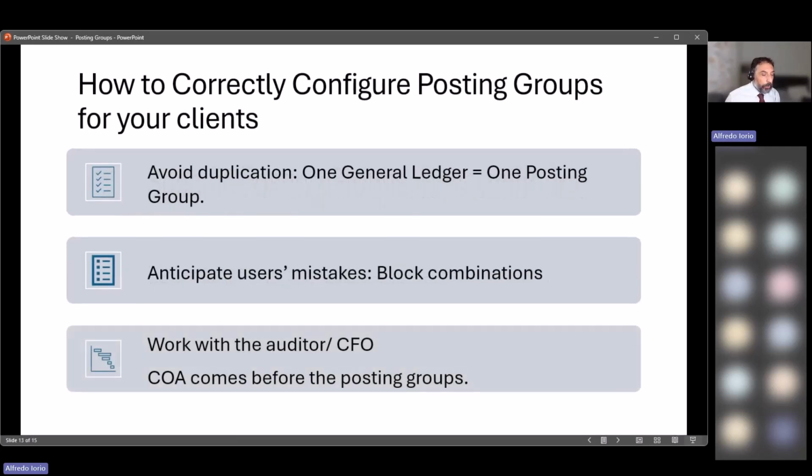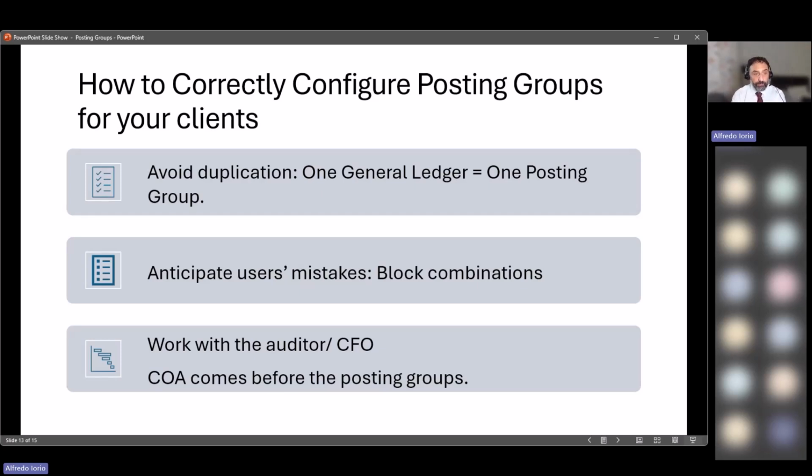So how to correctly configure posting groups for your clients? Again, we will look at Business Central in a moment. These are my main rules when I work with new clients, when I teach junior consultants, when working on new projects on Business Central.